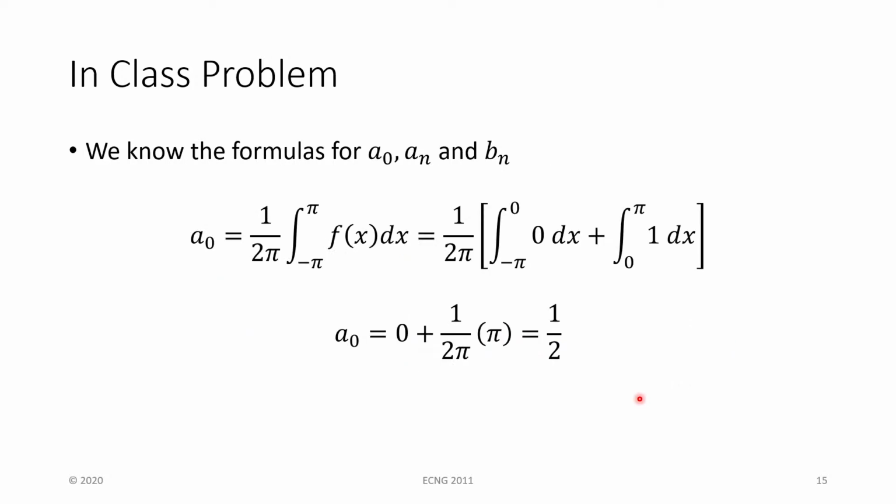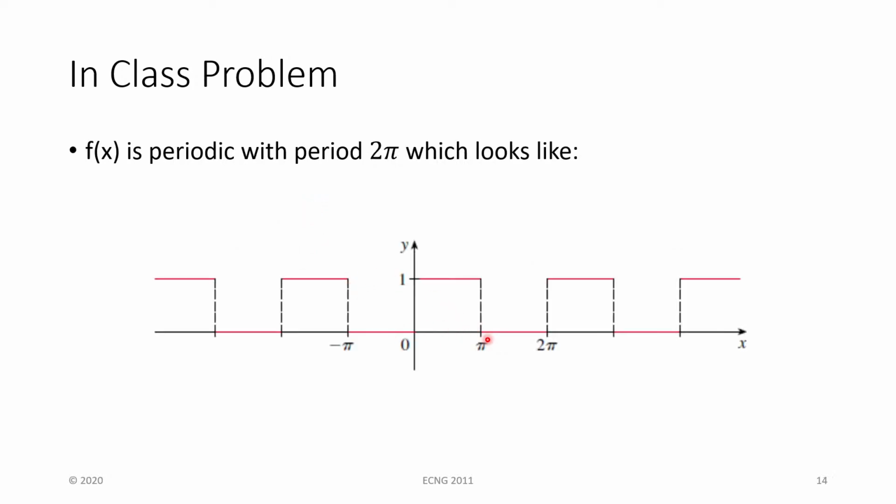And once we have our signal drawn out here, we can recall our A0 equation to solve for it. So we know A0 was 1 on 2 pi integrating between pi and negative pi of f of x dx. And the reason for pi and negative pi here is because we saw that our signal went from pi here to negative pi here, and the span was over 2 pi.